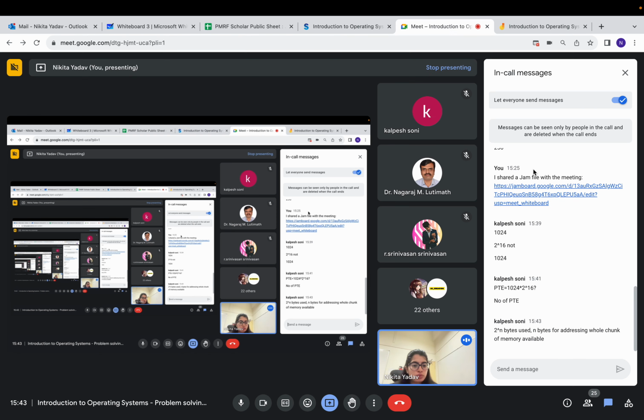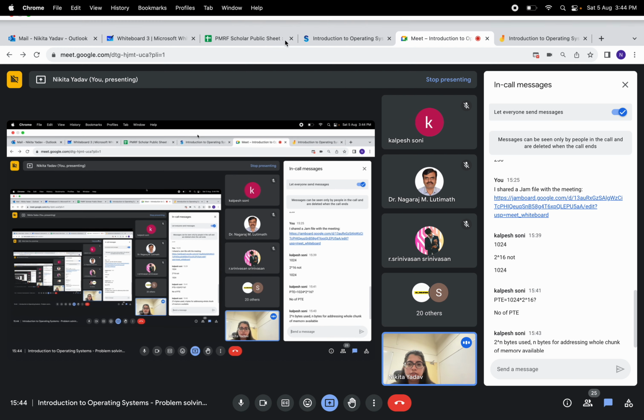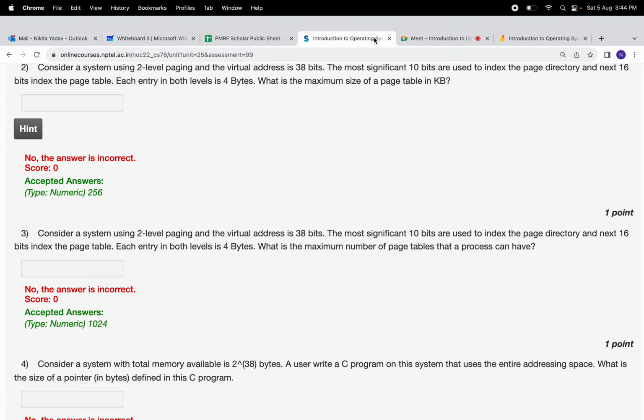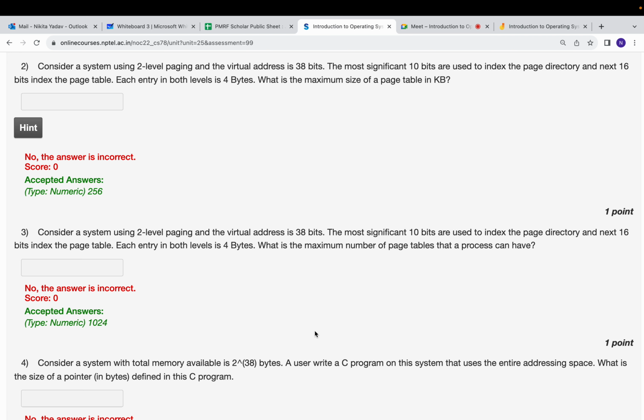Okay, 2 to power n bytes used, n bits for addressing the whole chunk of memory available. And recheck your answer. And can you give the answer with n as 38?